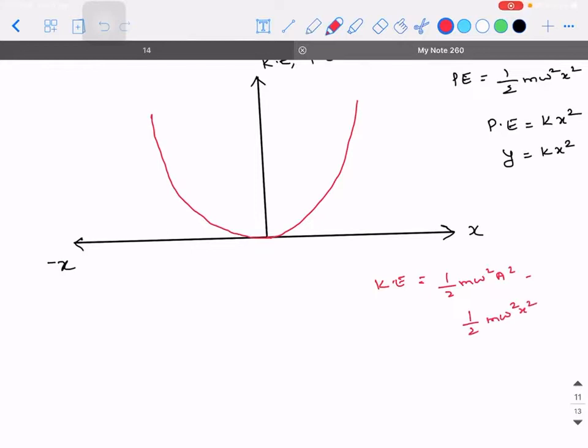Kinetic energy is also a second degree equation where this is a constant and this is a variable. When the coefficient of x square is negative in the case of a quadratic equation, what does it represent? It's a parabola only, but a downward parabola.